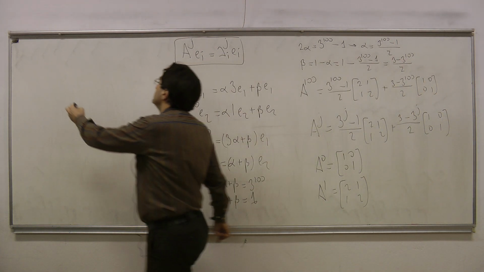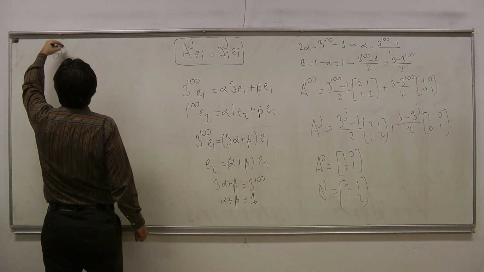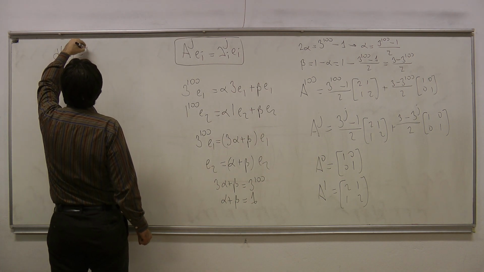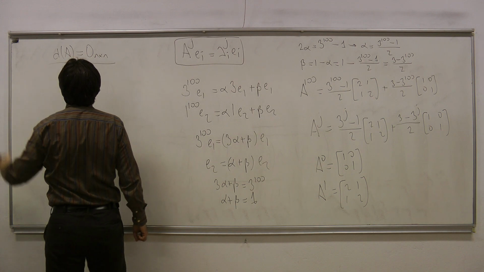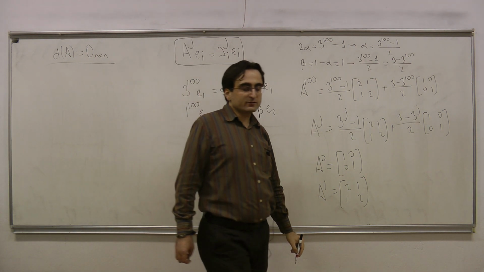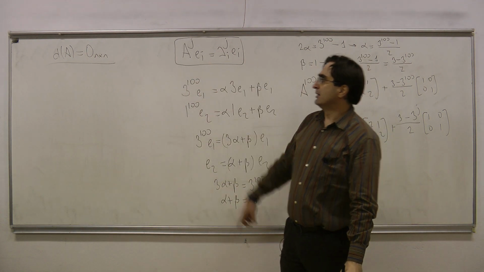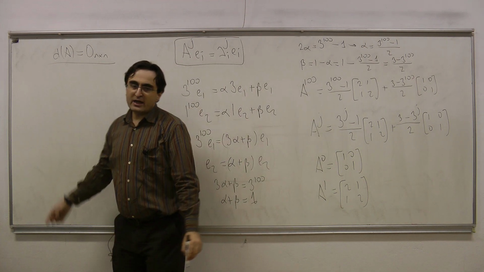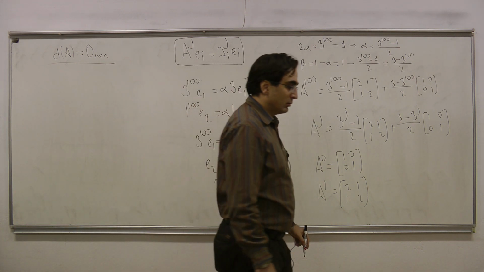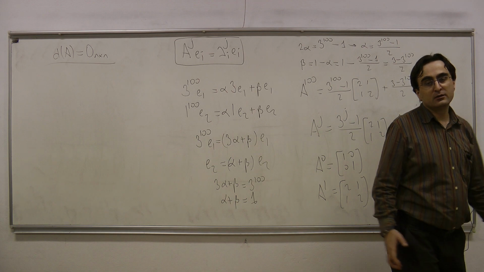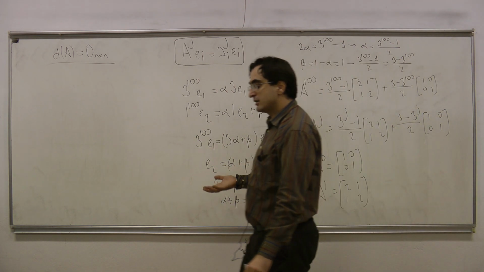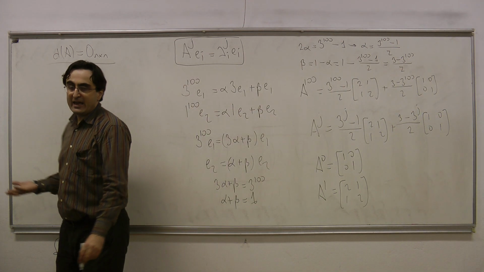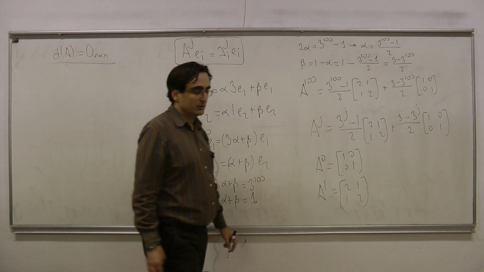Because the characteristic equation, the Cayley-Hamilton theorem equation, is just this one. And in this case, d of S was an nth order polynomial. That is why the Cayley-Hamilton theorem is making a claim about nth or higher order powers.